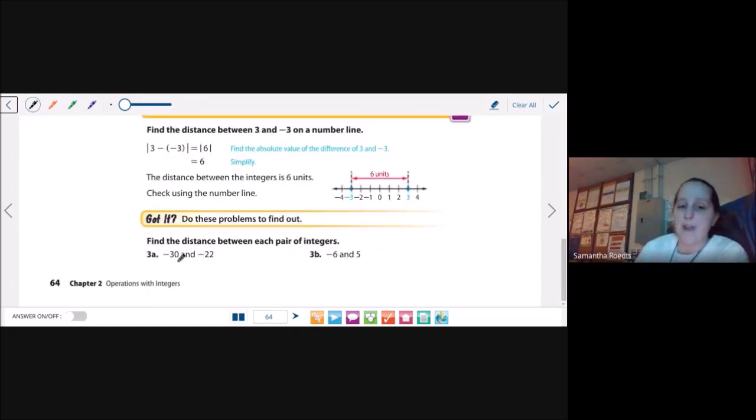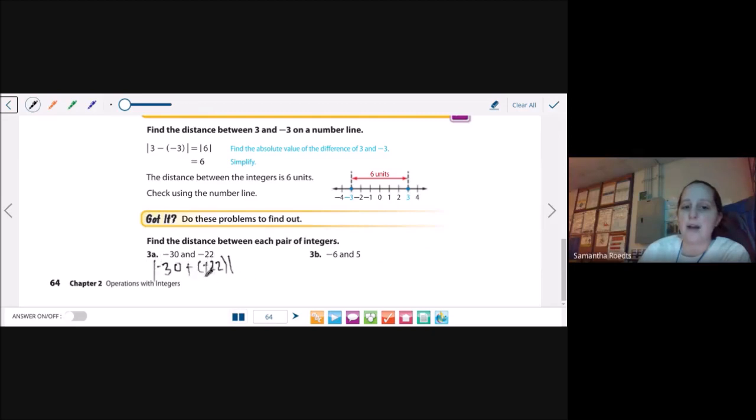All right, let's try it. Find the distance between each pair of integers: negative 30 and negative 22. So just like I did up here, negative 30 minus negative 22, and I'm finding the absolute value of that.